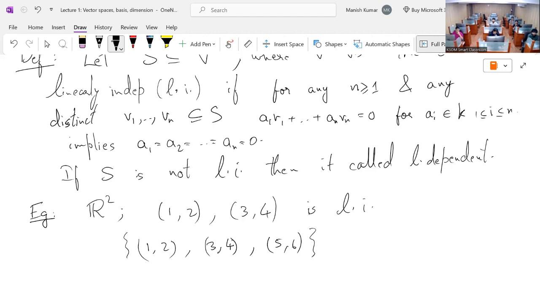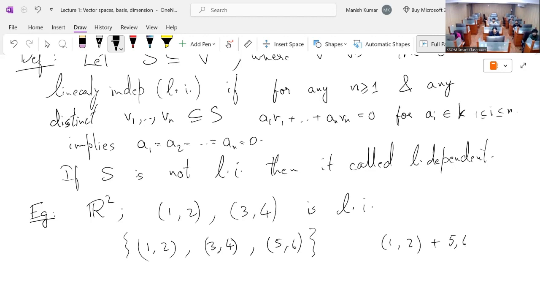So let's see. Can someone cook up the relation quickly? You can take any two and try to write the third one as a linear combination of them. So maybe one can do this: 1, 2 plus 5, 6.